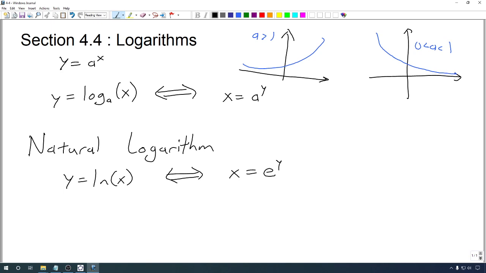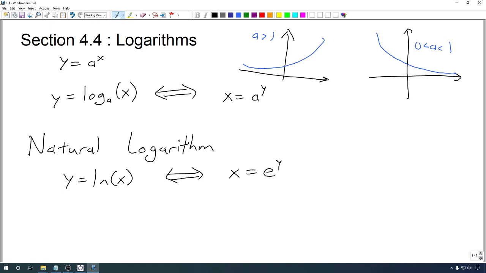So it's a way of taking an exponential, e to the y in this case, and turning it backwards, basically. Most of the properties of this natural logarithm will also apply to more general logarithms, but the natural logarithm is nicer when it comes to actual calculus.